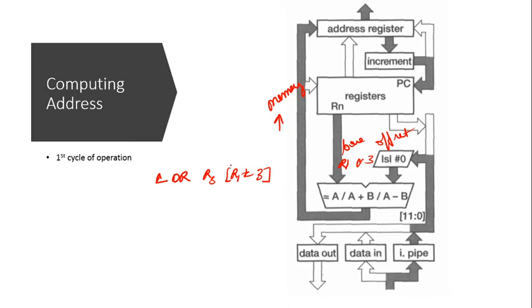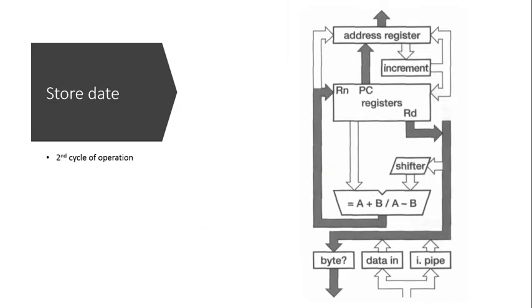So this computation is going to happen in the first cycle. So you perform this in the first cycle. In the second cycle of the instruction, we are going to store the data, either in the memory or from the memory to a register.